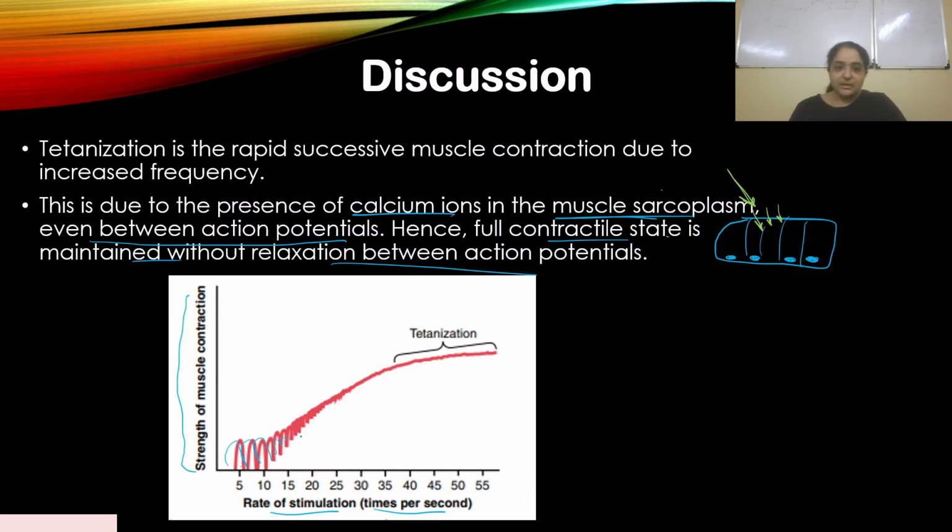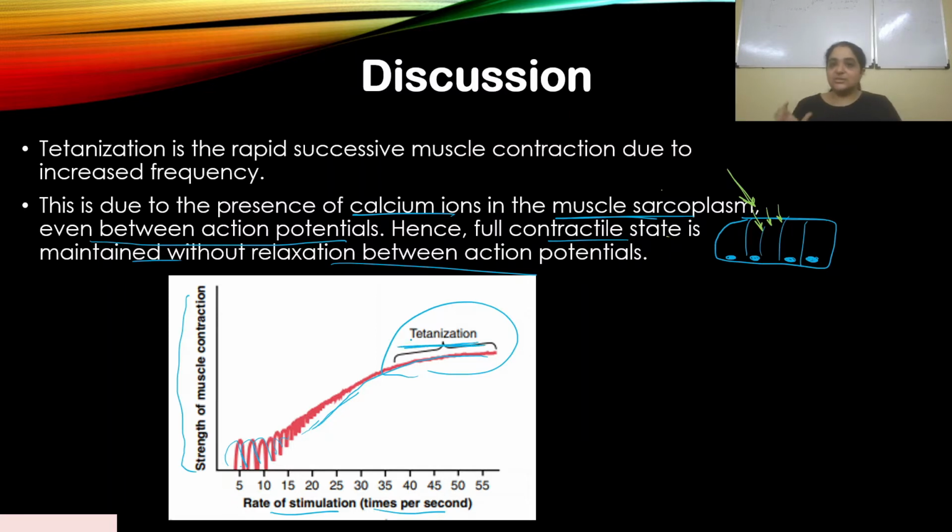But what happens when the rate of stimulation begins to increase? Now this is tetanization, where you can't even differentiate. Even before one action potential has ended, it has again been stimulated. So the muscle is always remaining contracted. It always remains in a contracted state. This is actually called tetanization.